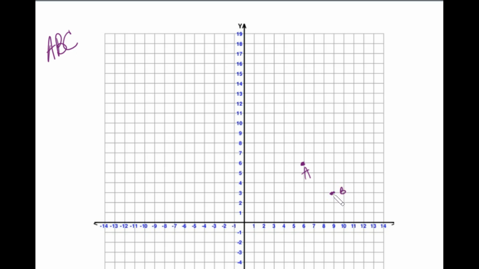And C is 2, 2. And it looks like I've drawn my triangle. So there is my triangle.